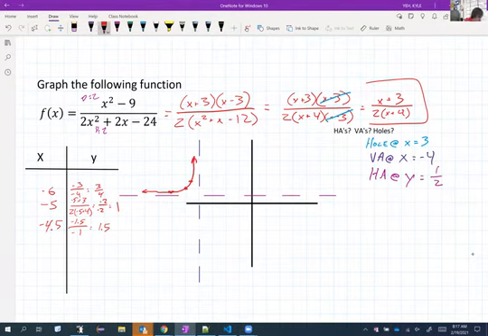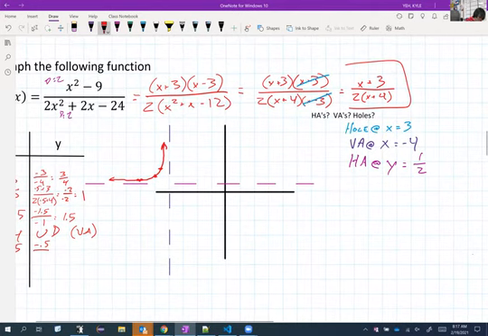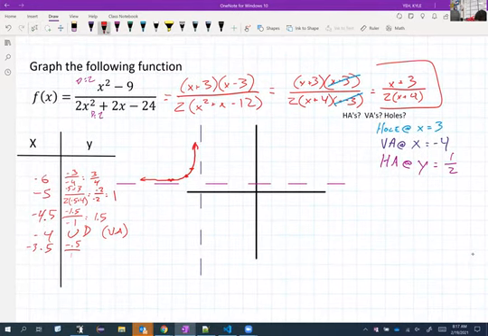Let's see what's happening on the other side. I know that -4 is undefined because that was my vertical asymptote. What about -3.5? Let's do that one. -3.5 would give us -3.5 plus 3, so -0.5 on top over 2 times 0.5, which is just 1, so -1/2.